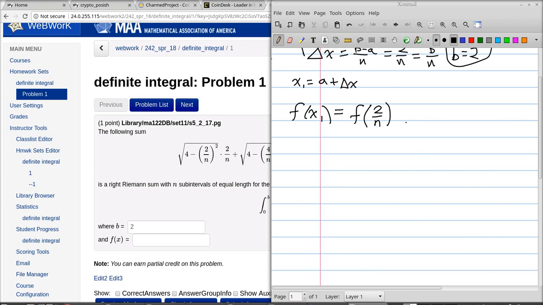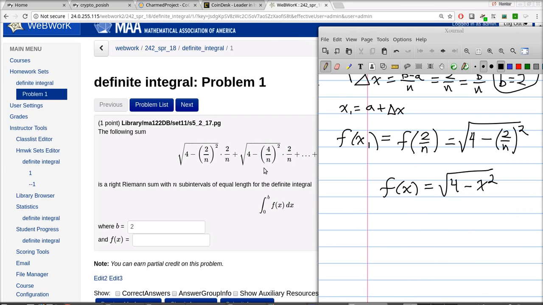Somehow f of 2 over n is going to be equal to the square root of 4 minus (2 over n) squared. And I'm ignoring this 2 over n factor because we already said that was delta x. So it looks very likely that f of x is the function square root of 4 minus x squared. And you can just do a sanity check here.